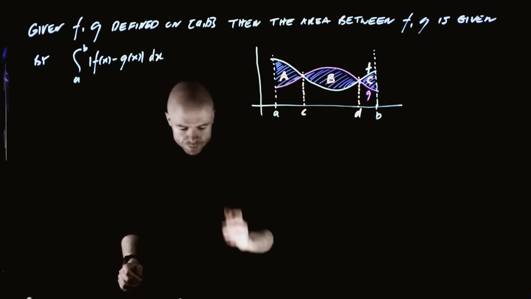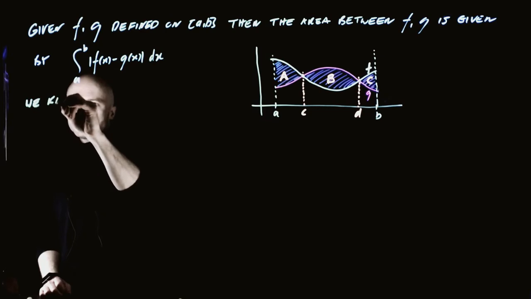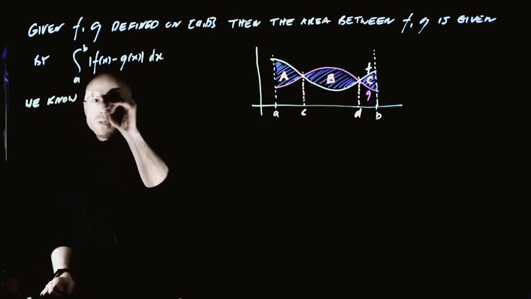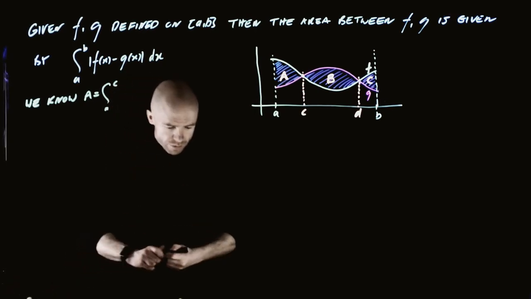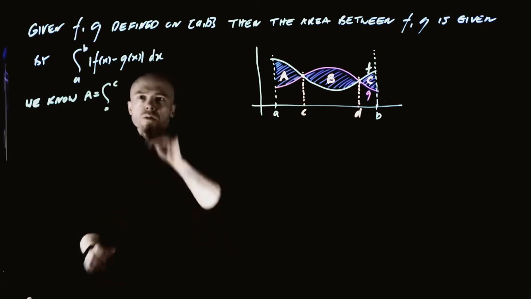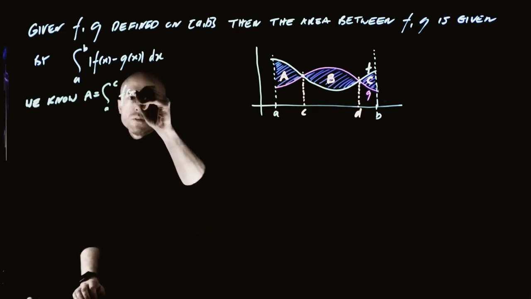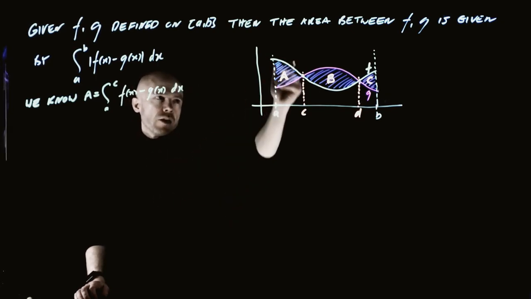So we know that A is the integral from a to c of f of x minus g of x dx, because f is bigger than g.